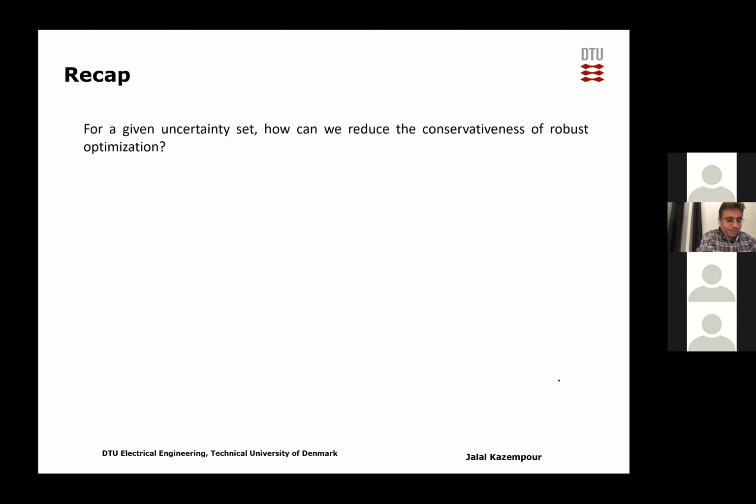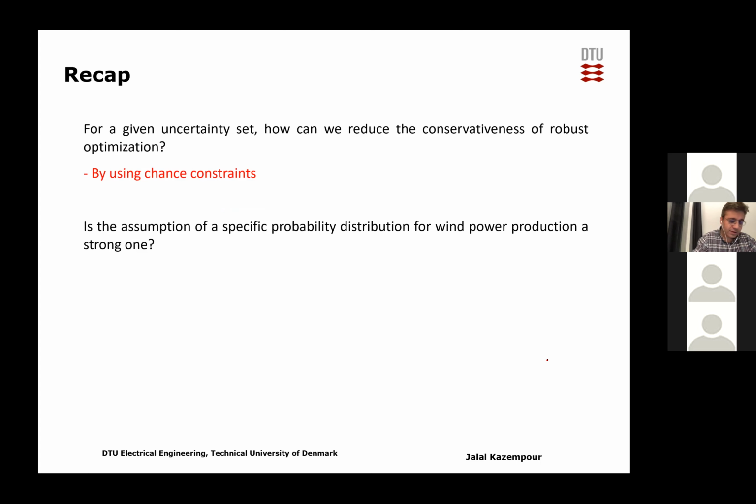So, recap: for a given uncertainty set in the robust problem, how can we reduce the conservatism? We can use chance constraint, right? We allow some constraints to be violated to some extent. Is the assumption of knowing the underlying probability distribution a strong assumption?